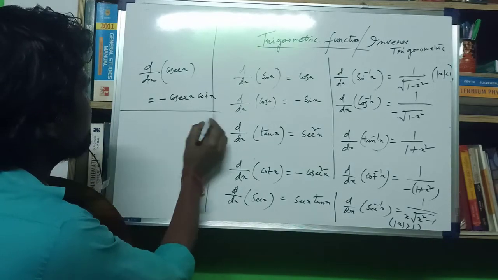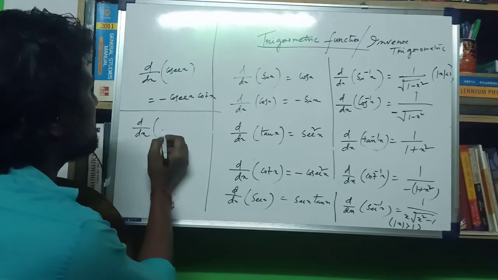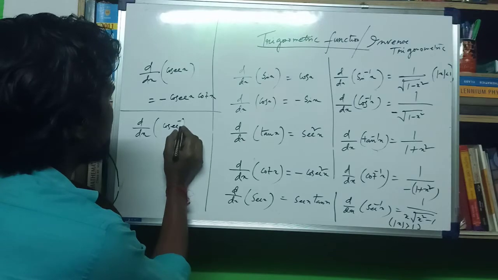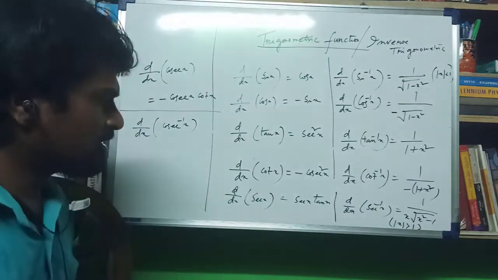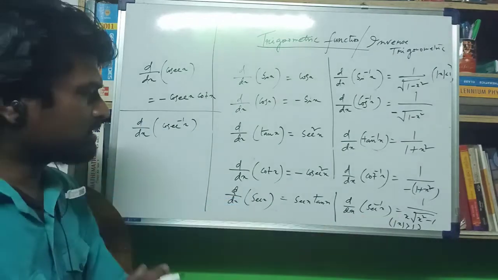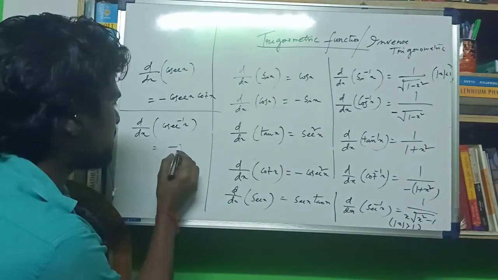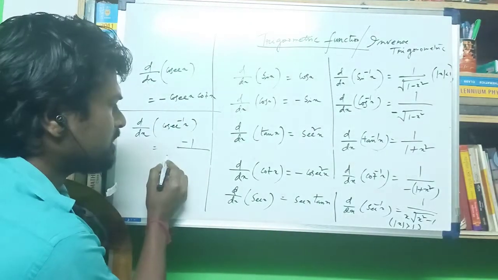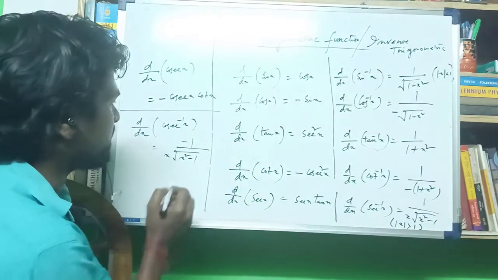And similarly, for the inverse trigonometric function, that is cosec inverse x, this is similar to d/dx of sec inverse, that is minus 1 by x root under x square minus 1.